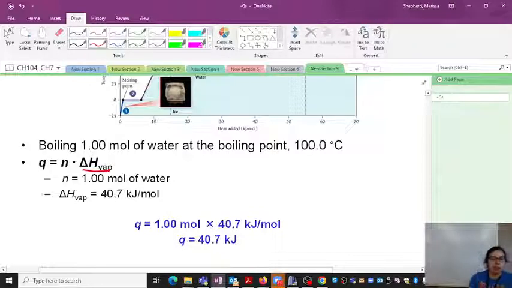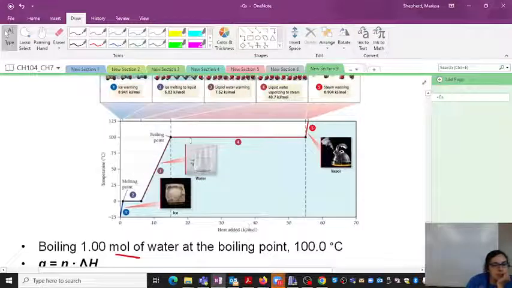So your delta H of vaporization for water, we said that was 40.7 kilojoules per mole. So now we can just multiply those two numbers. So 1 mole times 40.7 kilojoules per mole just gives us 40.7 kilojoules. So that's how much energy was added there. So you can see how much more that energy was in comparison.